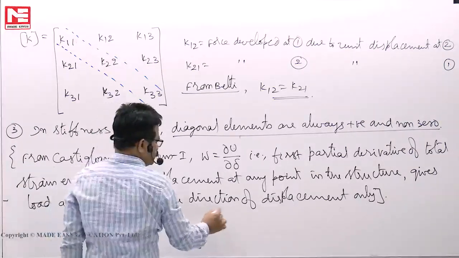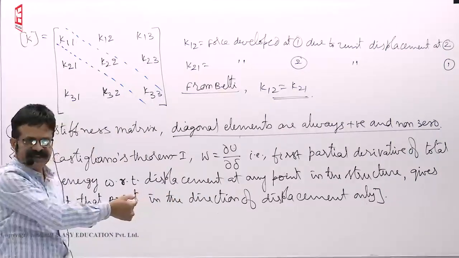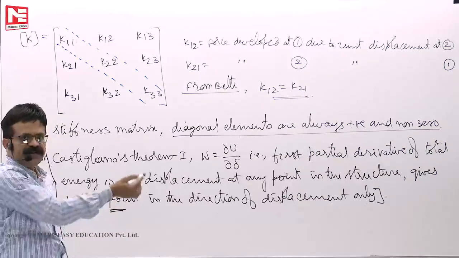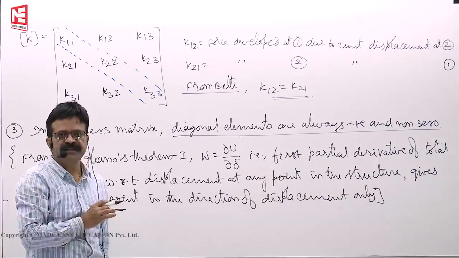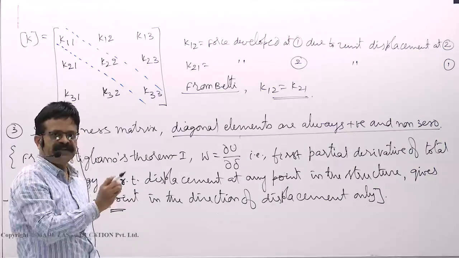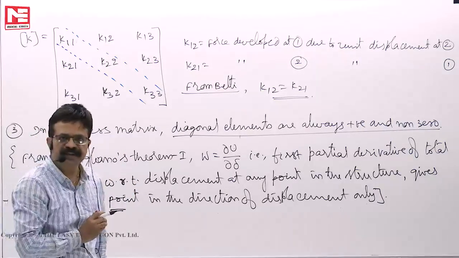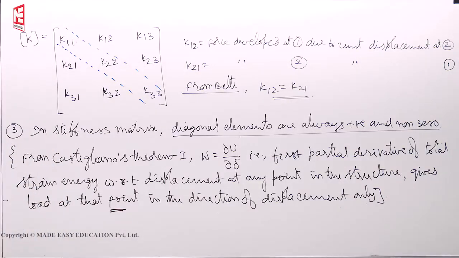That means earlier I gave you the double differentiation of energy with respect to displacement. You got it as AE by L. That means you get stiffness coefficients. That's why Castigliano's theorem 1 belongs to the stiffness matrix method of analysis. Okay, that I have already given you.